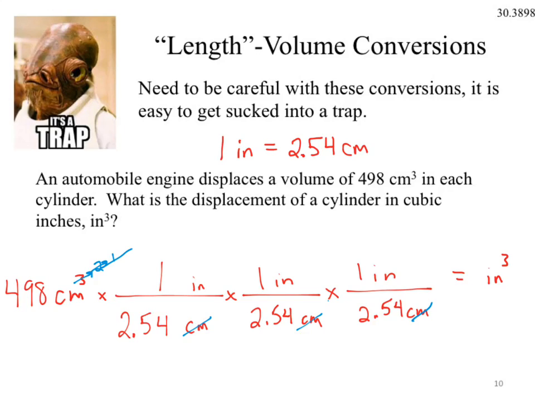Now when I do my calculation, I can take 498 divided by 2.54, divided by 2.54, divided by 2.54, and I should get the number that my calculator spits out, which we'll also address in a second. In theory, I can't read it on that screen, 30.3898 cubic inches.